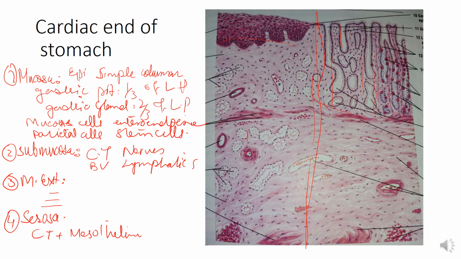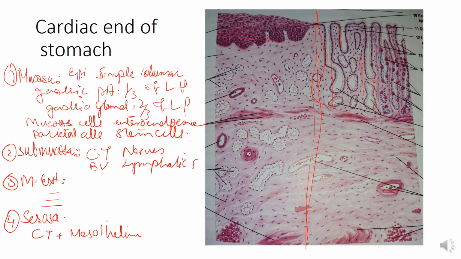So more or less the same features are seen in the serosa, muscularis externa, and submucosa of the 3 regions of the stomach. You don't need to panic here, except that the pyloric sphincter is made up of thickening of the middle layer of the muscularis externa, that is the middle circular layer.